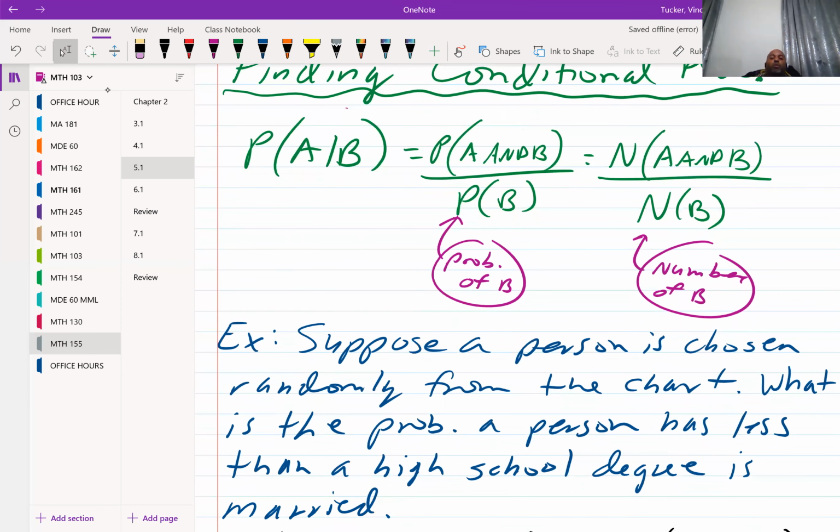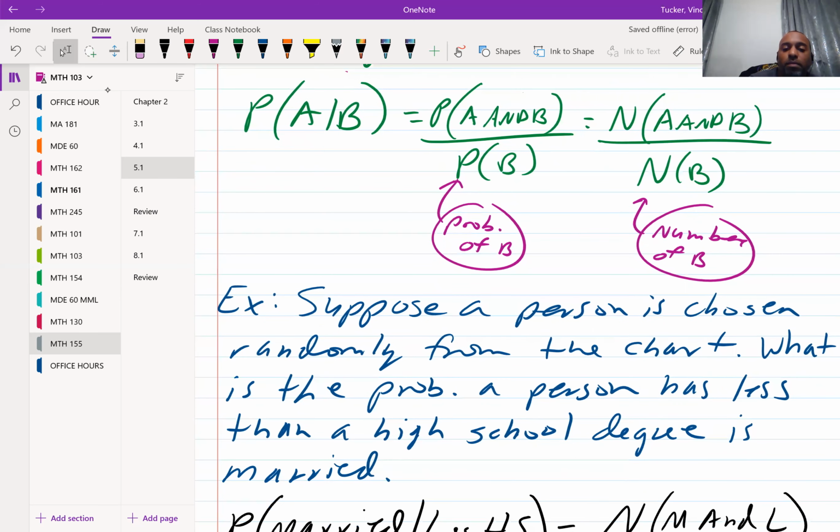Let's go here. Suppose a person is chosen randomly from the chart. What is the probability that a person who has less than a high school degree is married? In other words, out of the people that have less than a high school degree, the probability that the one you chose is married.